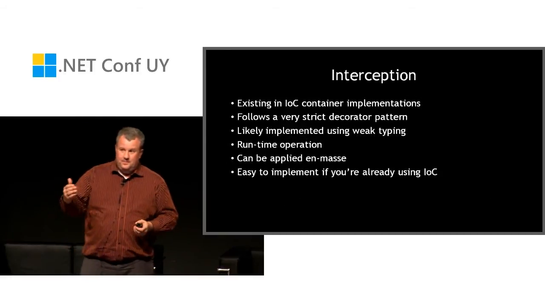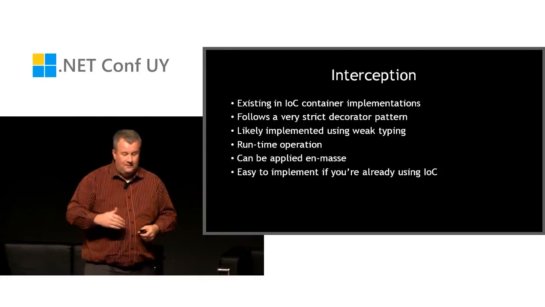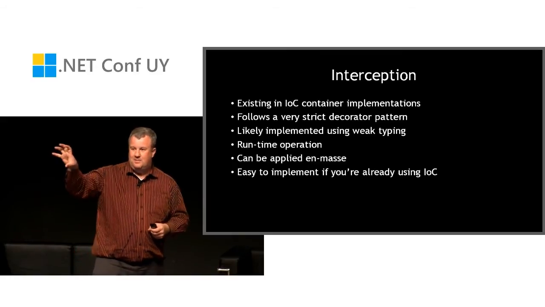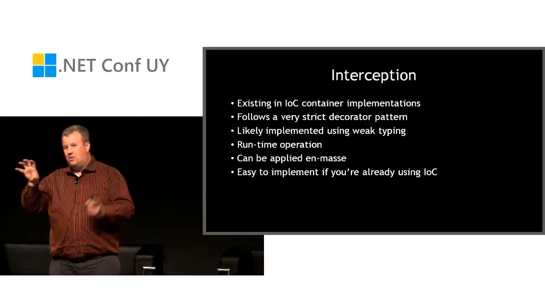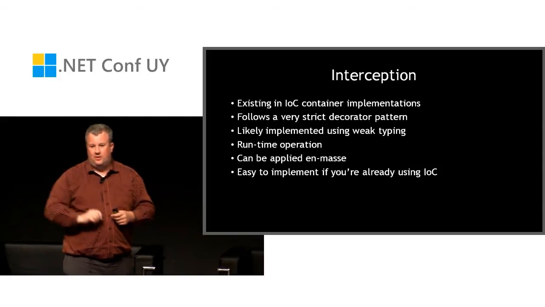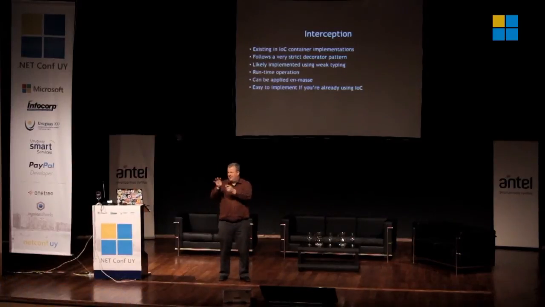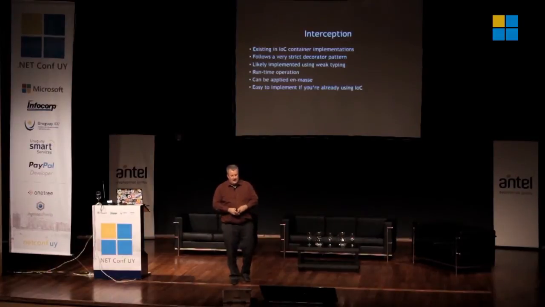So interception is IOC containers, and it follows the really strict decorator pattern. Decorator pattern says we take an existing piece of code, we add functionality around it, but we don't change the functionality that's there. So we add something before and after, we can wrap it in a try catch and do the exception handling. It's implemented using weak typing. This is a big negative in my mind for interception.